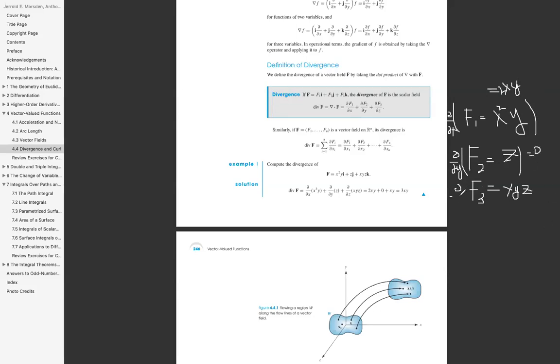Finally, you apply the partial z on the third component function xyz, which gives you xy. So the divergence, you add these three things up together, and it becomes 3xy. Okay, so far so good.